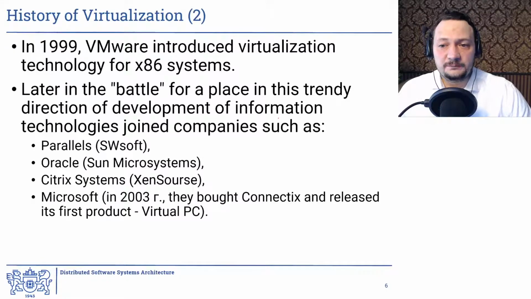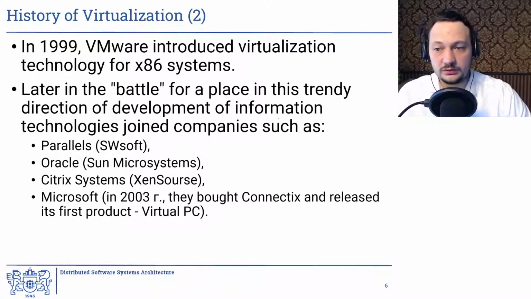Later, in the battle for a place in this trendy direction, companies such as Parallels joined, which is very well known for virtualization on the Mac platform, and Oracle. When they bought Sun Microsystems, they became the owner of the Java virtual machine platform.